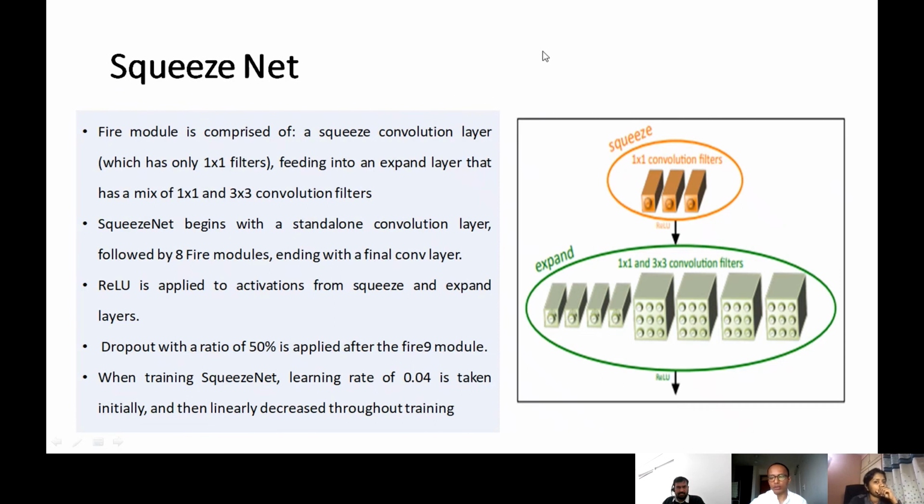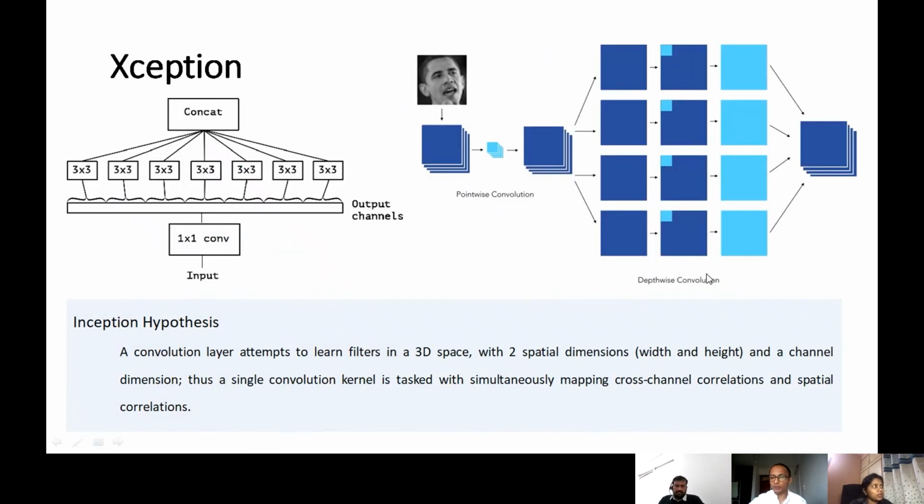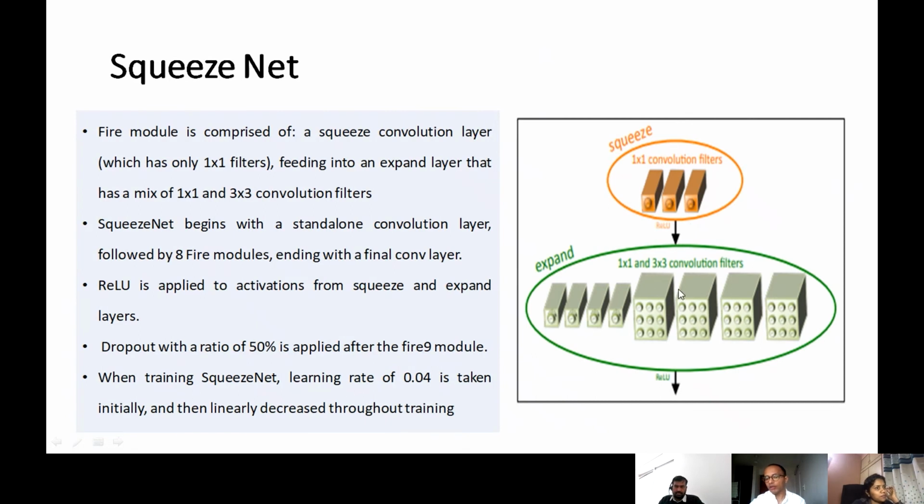Then it takes us to the primary convolution, and after the primary convolution, it takes us to the 8 rounds of fire modules. Now a fire module is basically, first a 1x1 convolution is there, then this 1x1 convolution is transferred into 3x3 convolutions, just like we did in Xception. But instead of having only one round, it takes it to 8 rounds, and it uses batch normalization and ReLU in between, and finally we get the output in terms of the reduced parameters also.